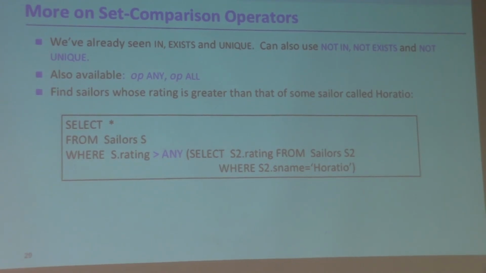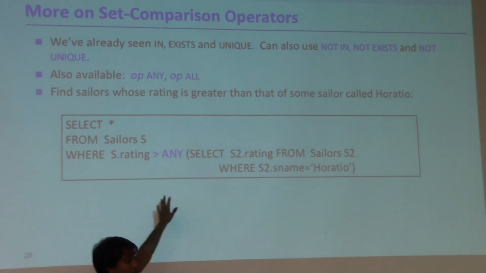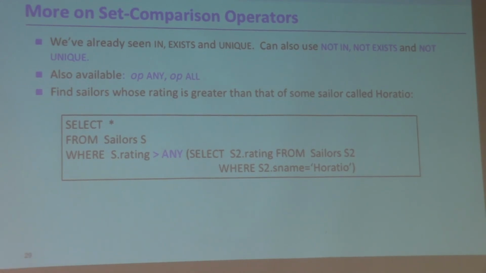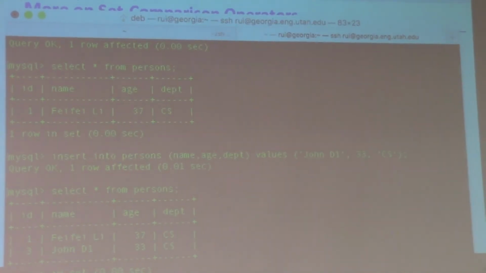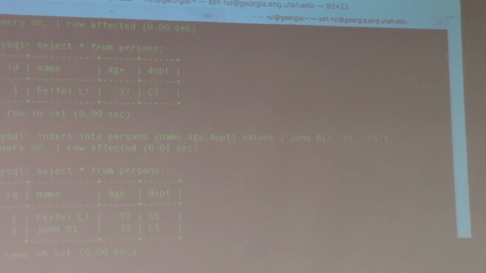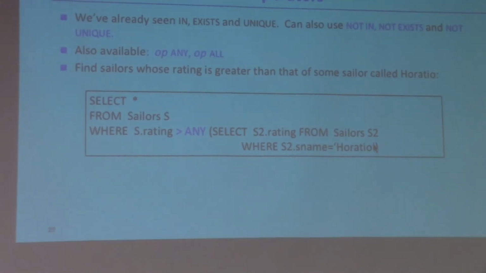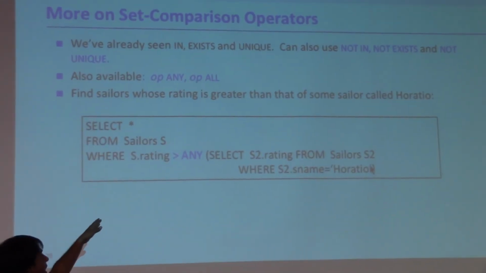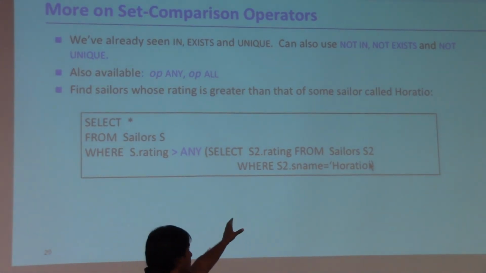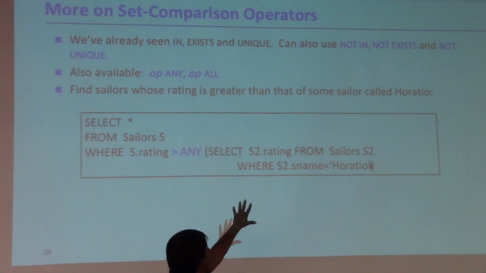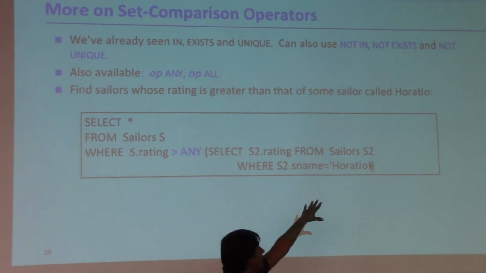So there is another type of multi-set operator that is called any and all. Okay? I'll do a demo of that maybe. So over here, what is the query? It says find the sellers who have a rating greater than any of the sellers, greater than the seller rating of Horatio.